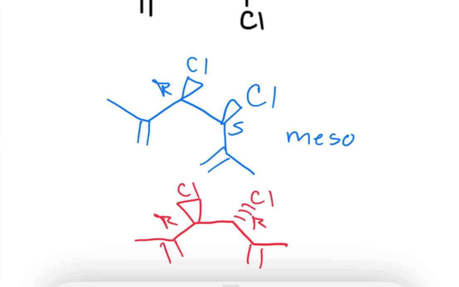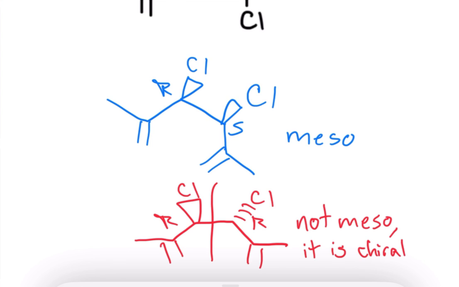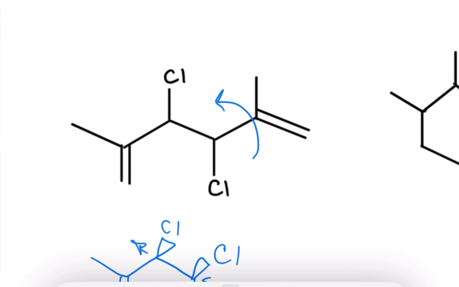This isn't like its mirror image, so it is not meso. It is chiral. So we want mirror images of each other, which would mean opposite R and S.